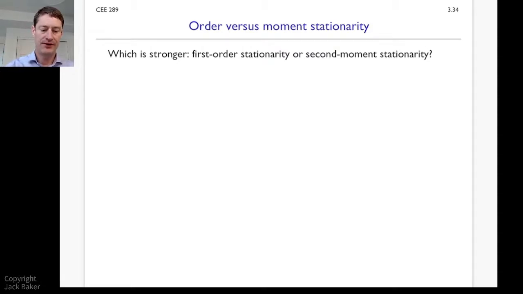So if I've got first order stationarity, we could think over what that implies. Right, so that's that the marginal PDF is invariant to a shift in time.